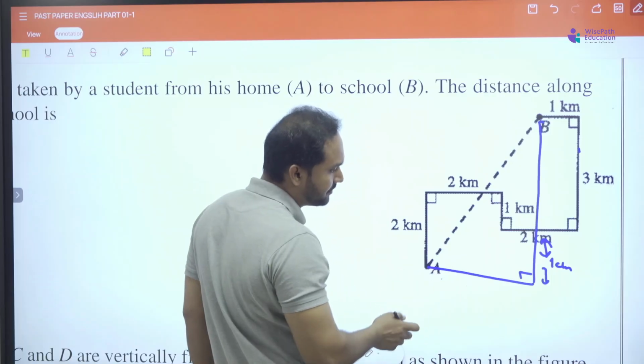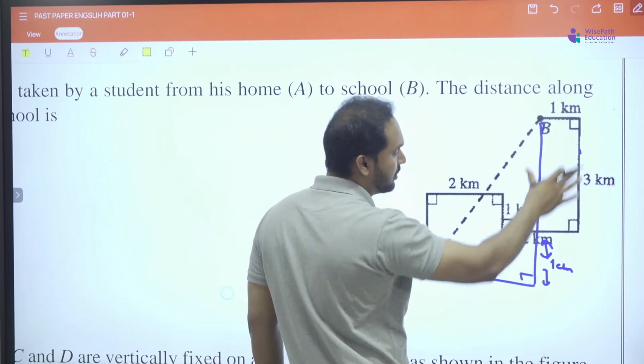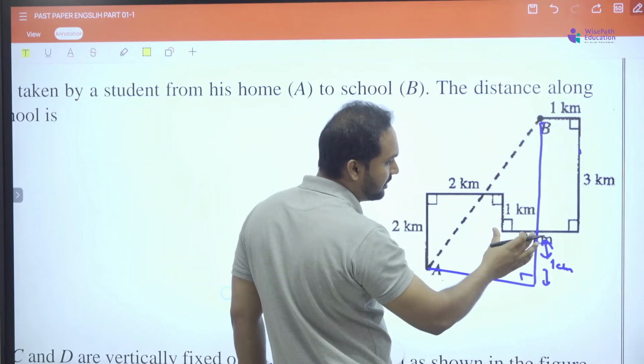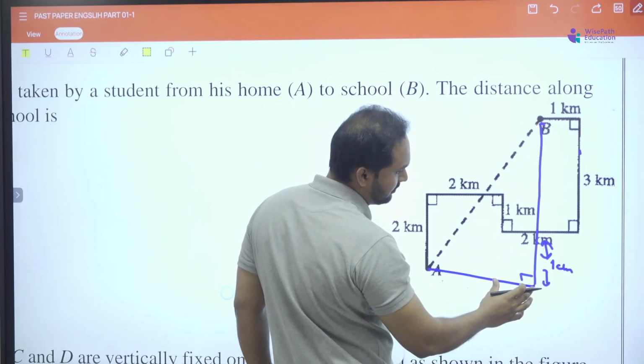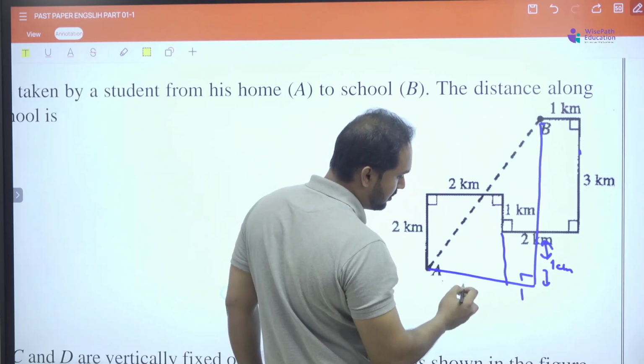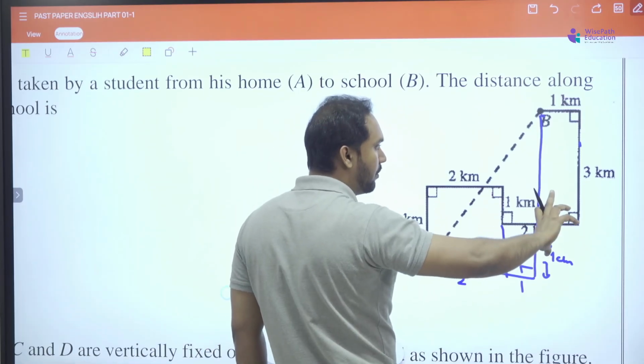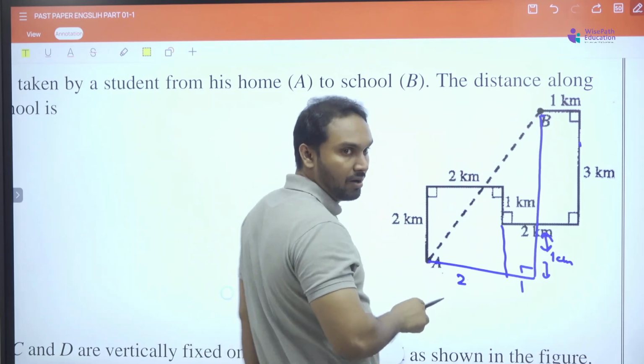This side is 2, and this is also 2. So this is 1, this is 2, so the whole thing is 3. So 3, 4, 5.